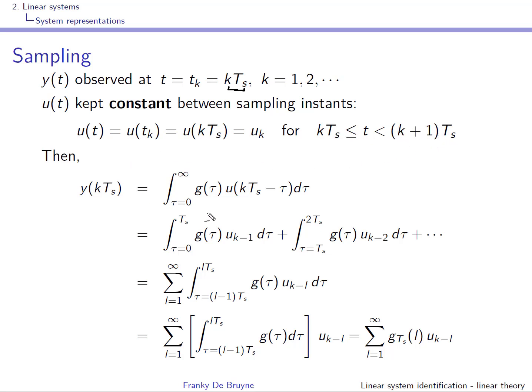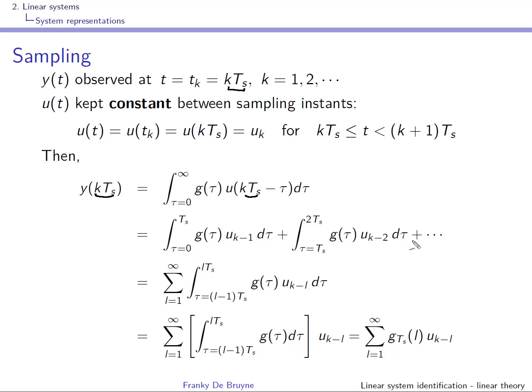So if you take the convolution integral and you replace t by kTs over here and over here, this is what you obtain, right? And since u is constant between kTs and (k+1)Ts, you can decompose this integral in a sum of integrals, one going from 0 to Ts, the other one going from Ts to 2Ts, and so on.